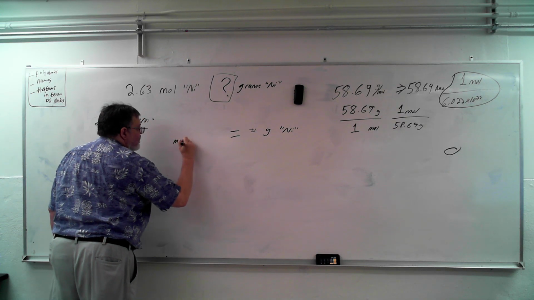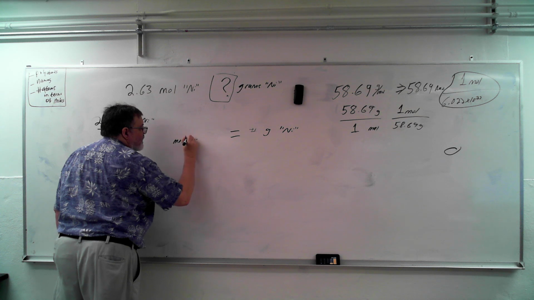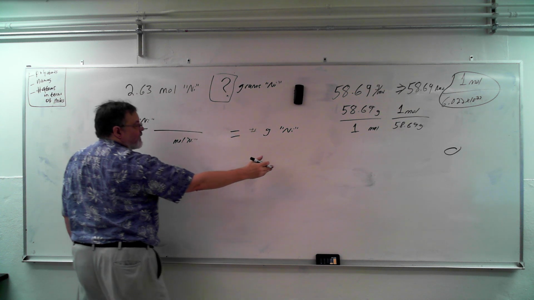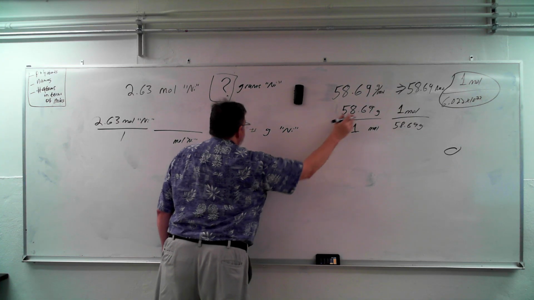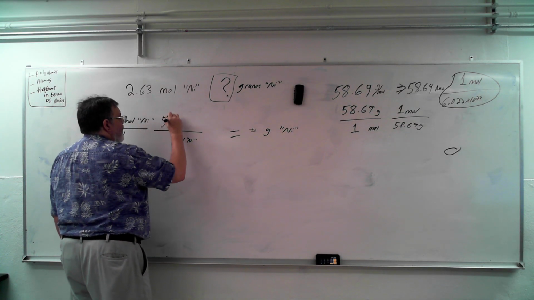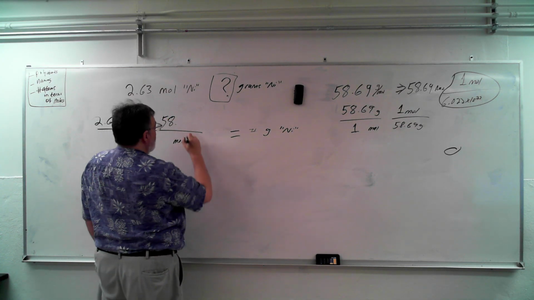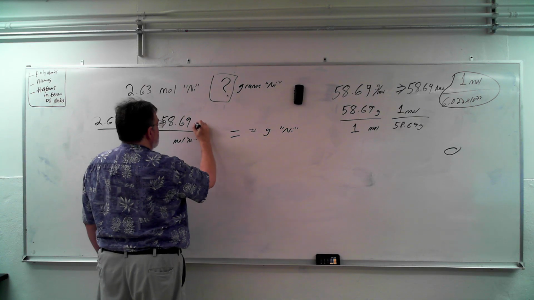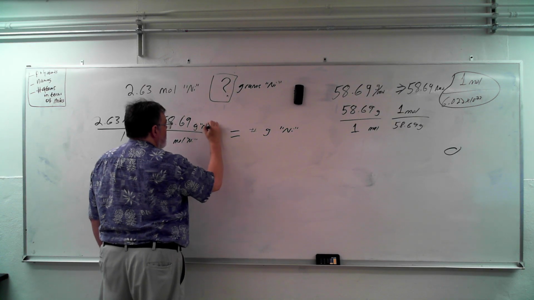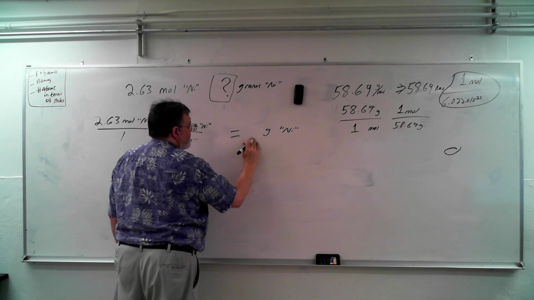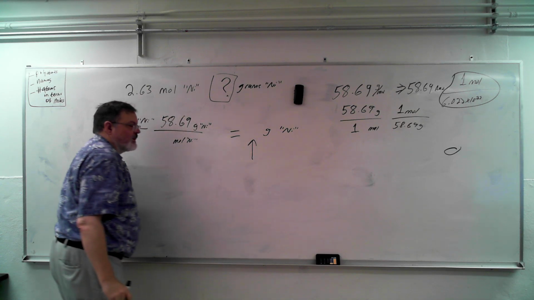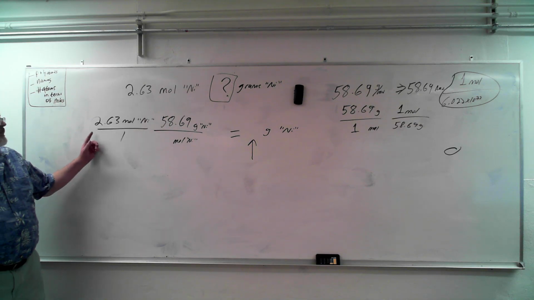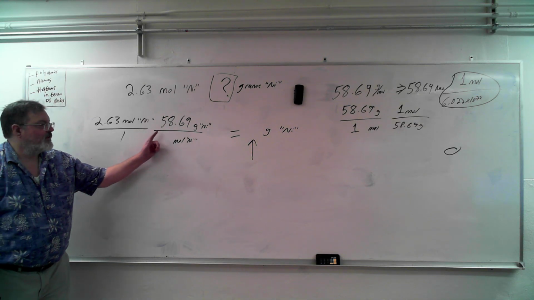You're going to need moles of nickel on the bottom, so it'll cancel, and that tells you which one of those you're going to use. You're going to use moles on the bottom and grams on top. Grams of nickel. And that's going to give you the ability to solve for that. And it is ultimately just multiplying 2.63 times 58.69.